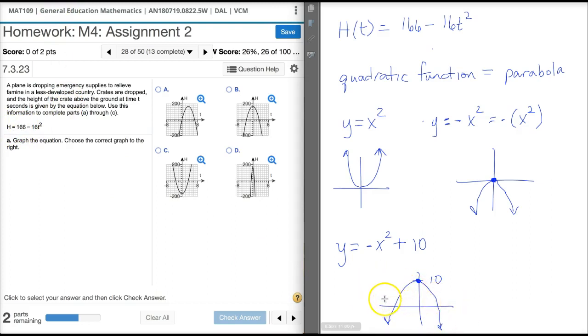Okay. So what we have to do is figure out, of course, some other properties of this graph, mainly how high it goes and where does it cross the x-axis, or in this case the t-axis here.